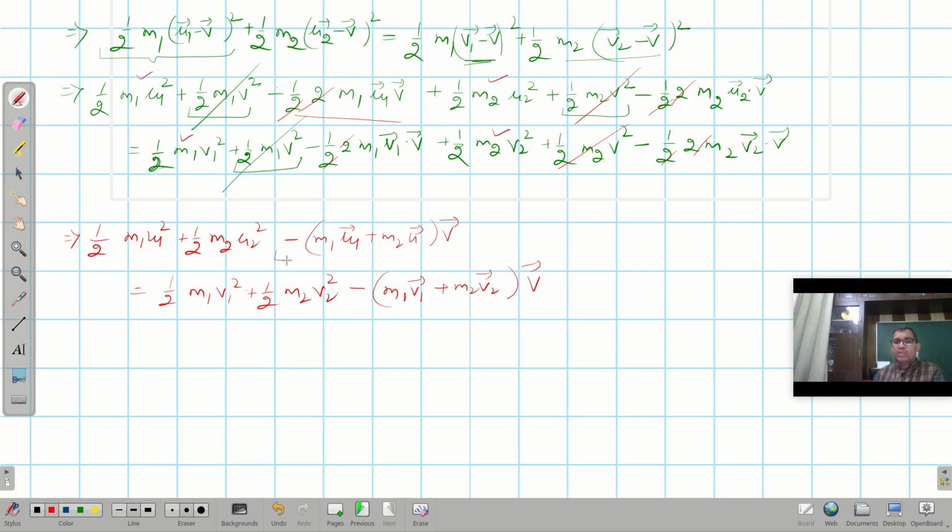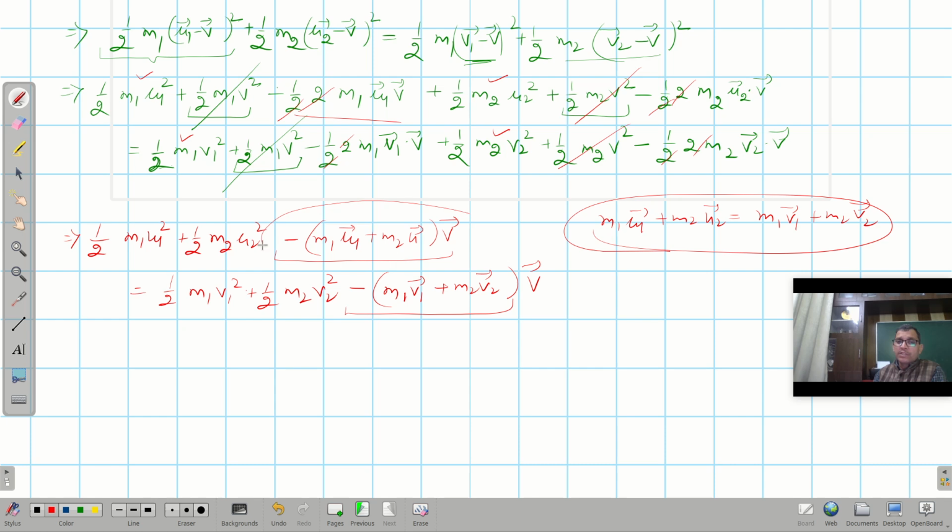Now if I apply the law of conservation of linear momentum, then m1 u1 plus m2 u2 is equal to m1 v1 plus m2 v2. These two terms will cancel out because both are equal and opposite and lie on opposite sides of the equality.